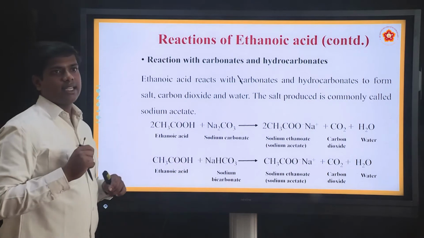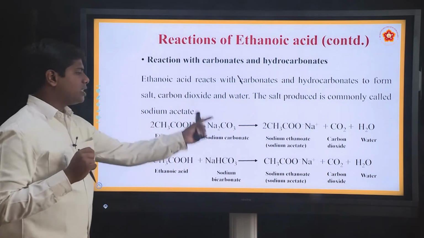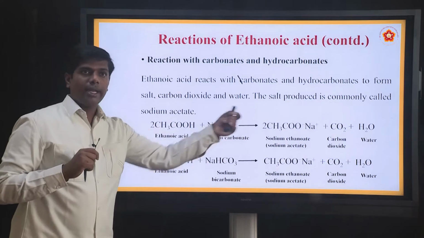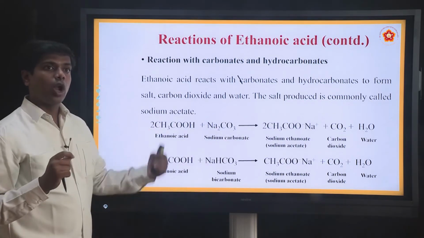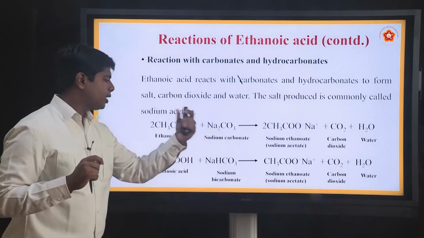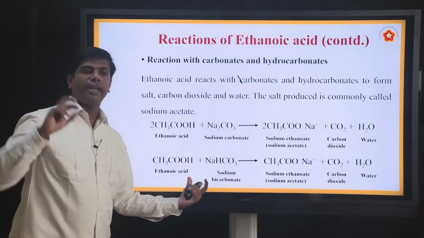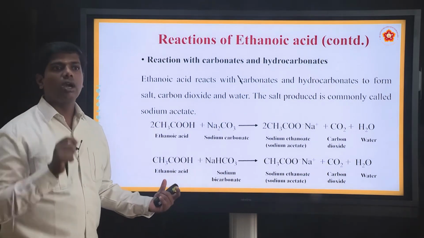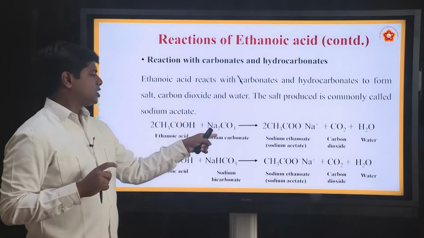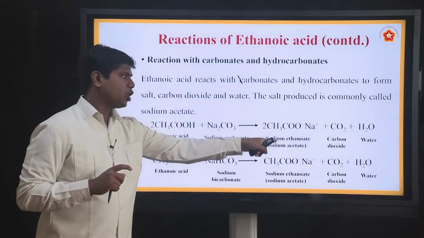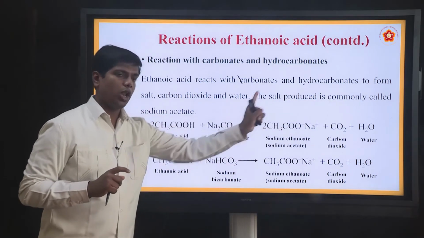In the chapter on acids, bases and salts, we learned the difference between sodium carbonate and sodium bicarbonate, and their uses. When ethanoic acid reacts with sodium carbonate, it forms sodium ethanoate, carbon dioxide and water molecules.